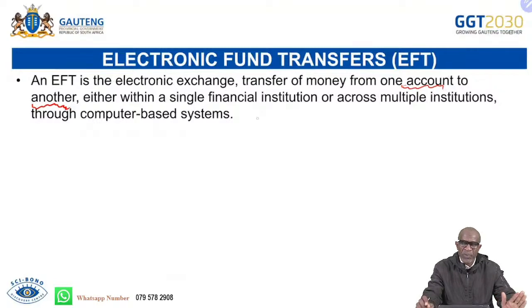So it's a computer-based system that is used to transfer funds from one institution to another. It may be institutions of the same kind or two different institutions. So this transaction allows such to happen.